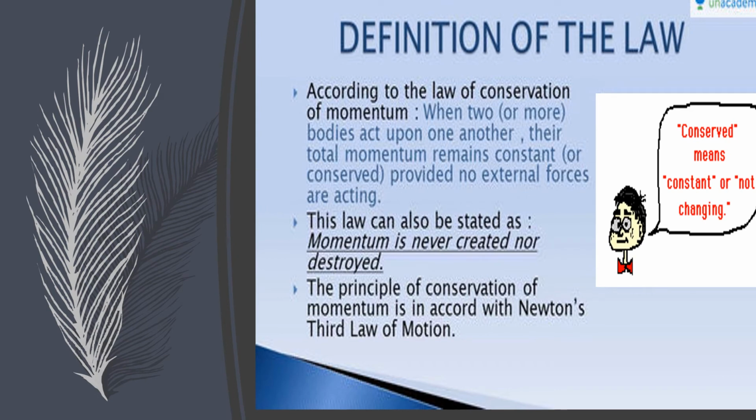According to the law of conservation of momentum, when two bodies act upon one another, the total momentum remains constant provided no external forces are active. So this law can also be stated as momentum is never created or destroyed.